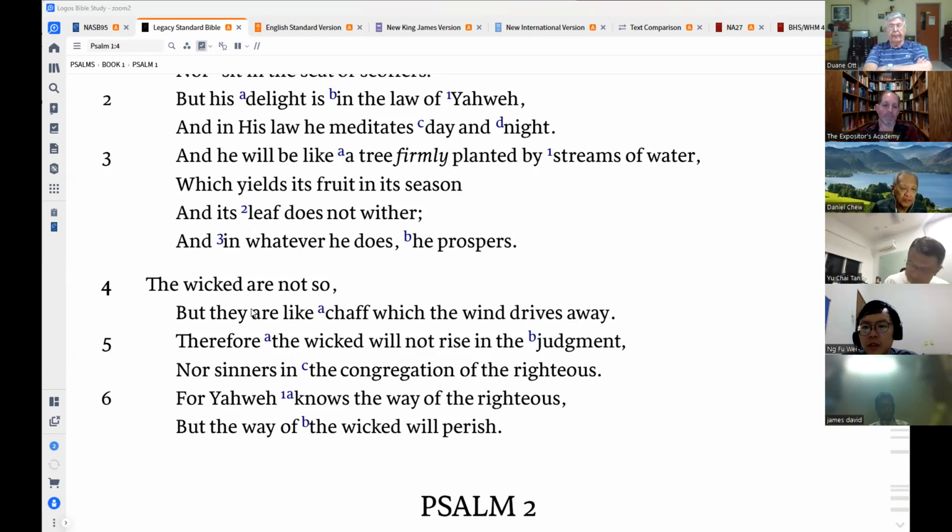What is the image presented for the wicked? The threshing floor. Yes. And what do we know about that, Dwayne? What's the image these original hearers would have had in mind from what they know about it? Well, threshing is separating the wheat or the grain from the chaff or the straw. The wicked are going to be thrashed.